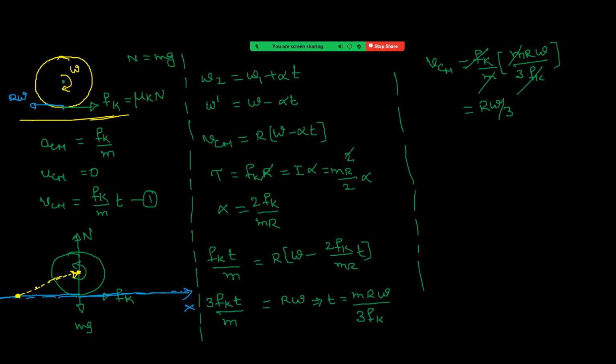That is R bar. Because of the normal reaction, about this point, the torque will be anti-clockwise. Just see carefully, if you take the torque because of the normal reaction about this point, it will be anti-clockwise.